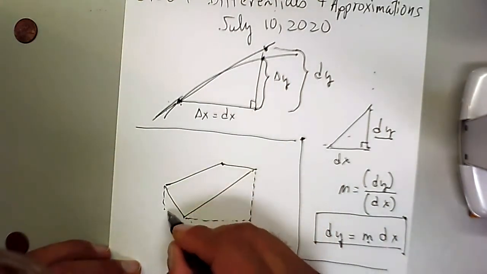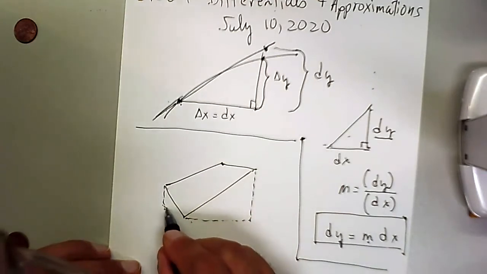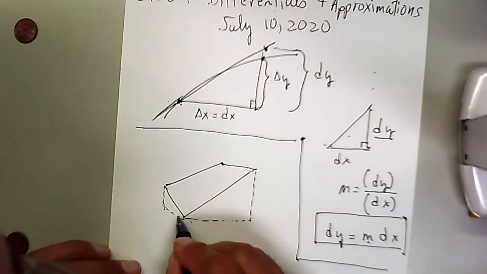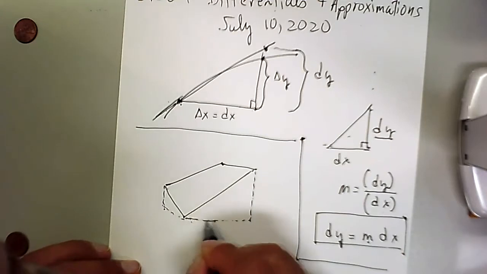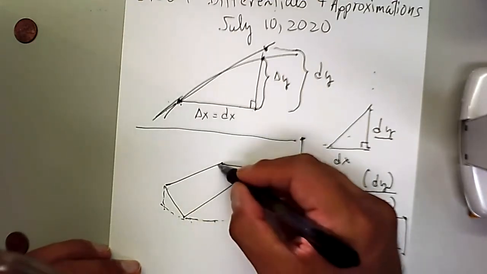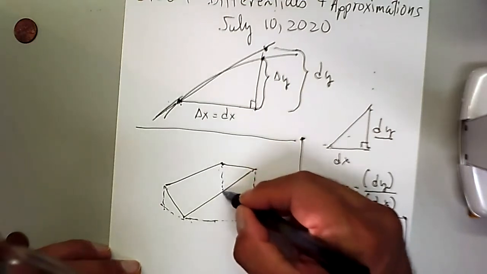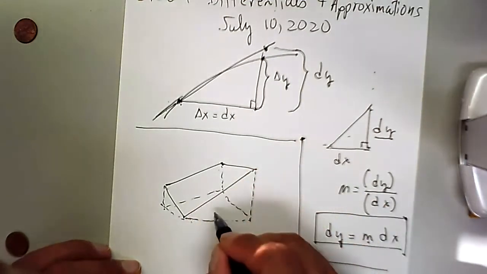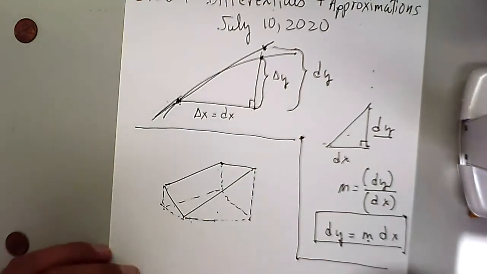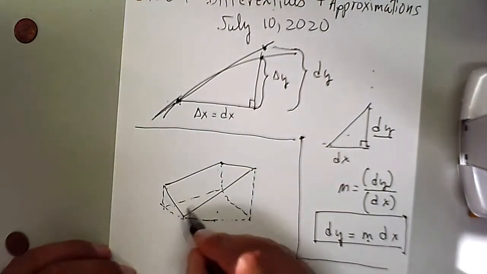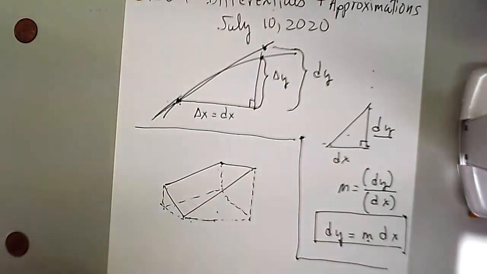So pretend this is rectangular. This is a bad angle. This should have been 90 degrees from this line to this line. And then this comes this way until it goes here. So the bottom is rectangular.